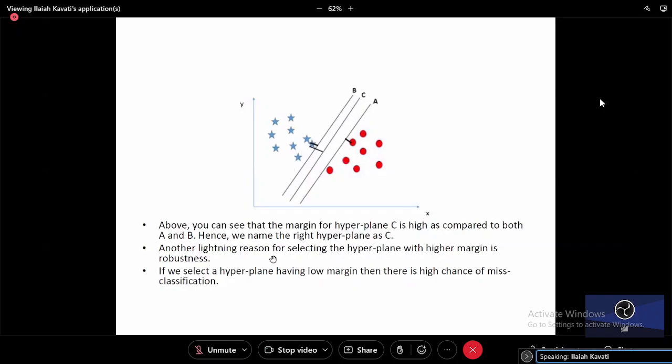Another reason for selecting the right hyperplane with a higher margin is robustness. If we select a hyperplane having a lower margin, there is a chance of misclassification. Sometimes a new object comes, so where to place it? Suppose it is very close to this.